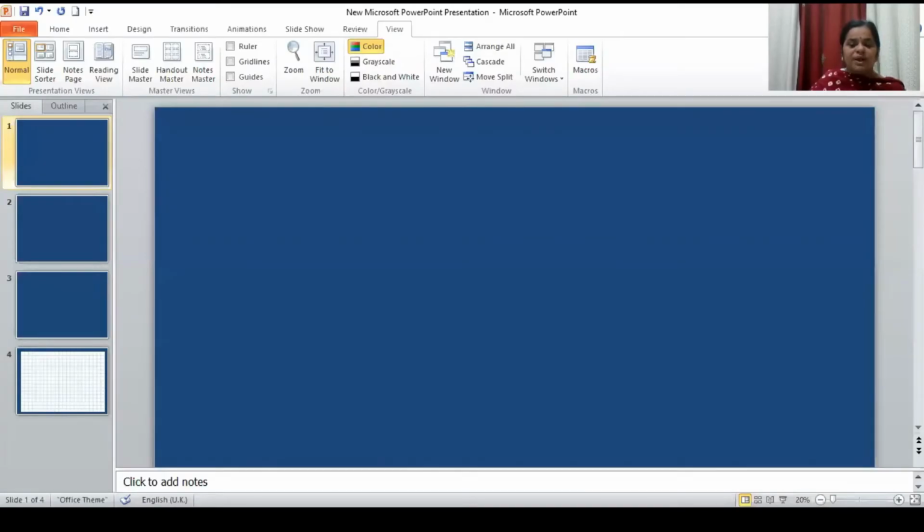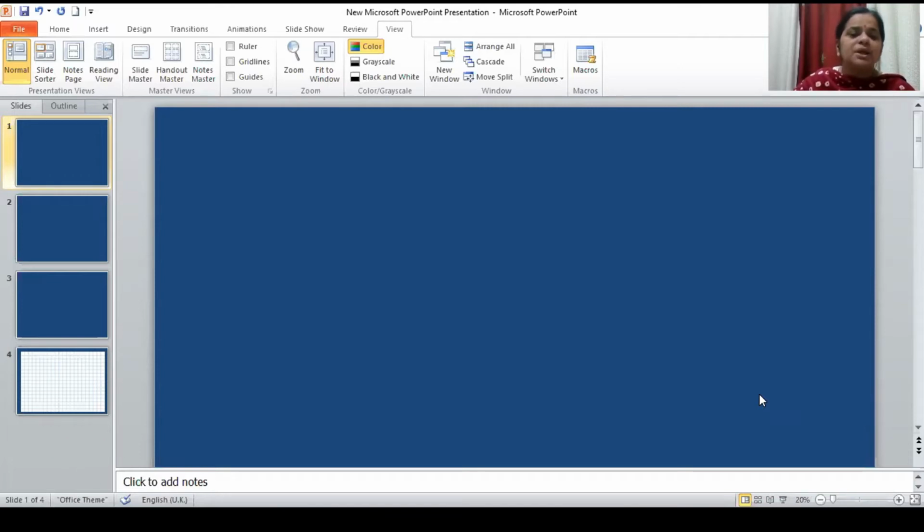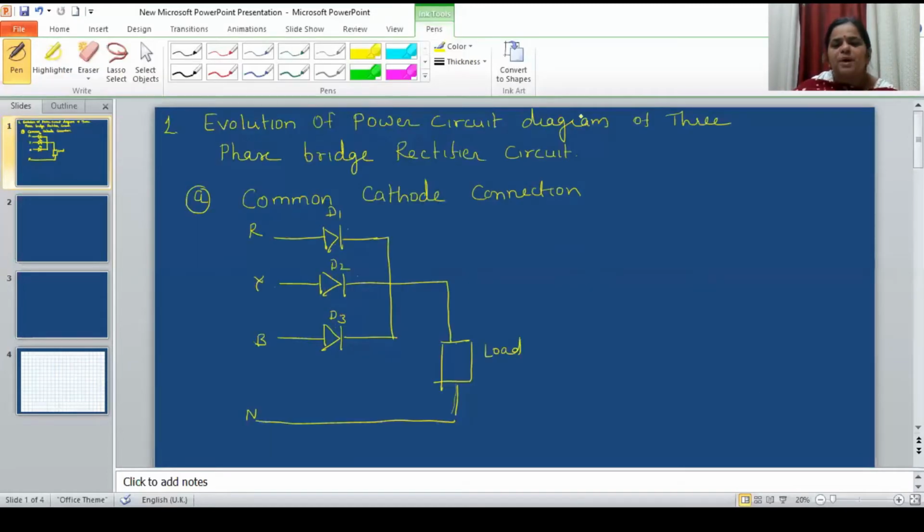So now I am sharing my screen, where I will tell you the importance of common anode and common cathode configuration, and later I will tell you how these two configurations combine and are converted into a bridge rectifier circuit. So, evolution of a power circuit diagram of a three-phase bridge rectifier circuit.